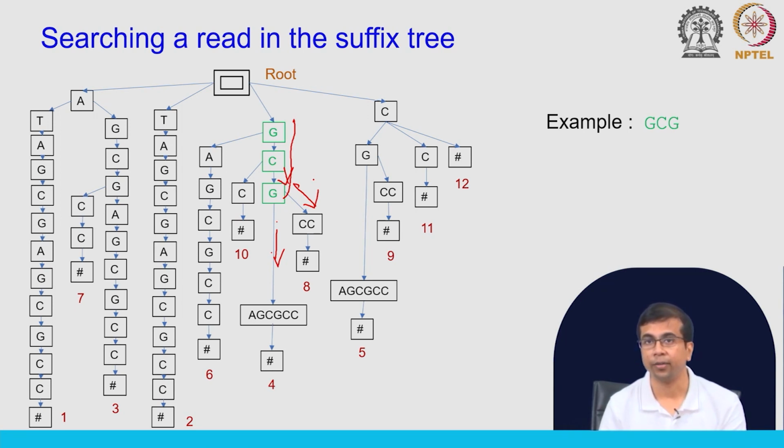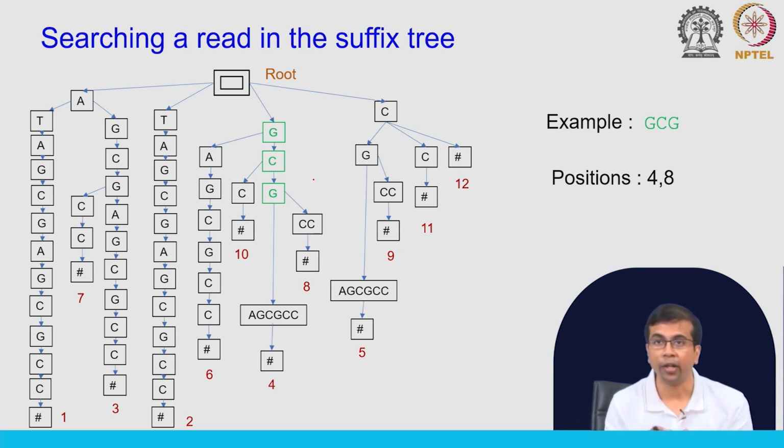And what it means is that this sequence is repeated in the reference sequence, where when you construct the tree, they are actually overlapping with each other, because of the structure. The structure is such that these repeat sequences will overlap. So, you can then identify there are two positions where we find this read matching, position 4 and position 8, because we have two paths that are going through these nodes.